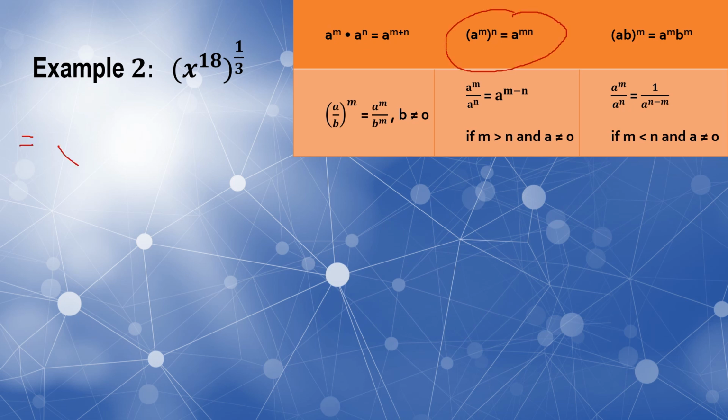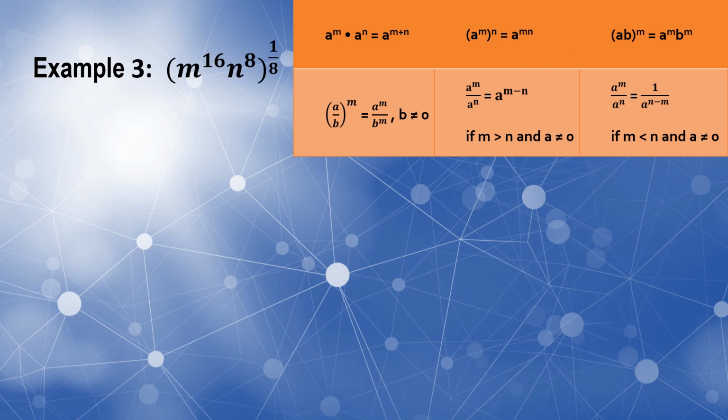So we have x raised to 18, so we will multiply the exponent 18 to 1/3. So we have x raised to 18 times 1/3 is 18 over 3. And 18 over 3 is equal to 6. So we have x raised to the 6th power.